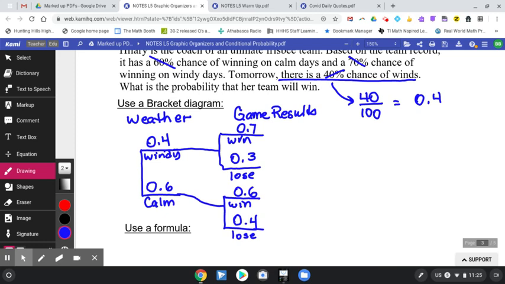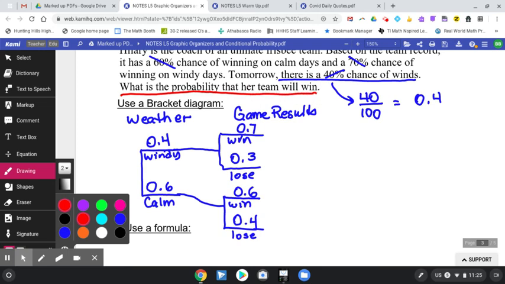All right, so now we have to do our final answer, and it's going to come right from our chart. So let's take a look at the question here. What is the probability that her team will win? So notice we've got winning here and we've got winning here. There's 2 ways that her team can win the game. It could be windy and they win, or it could be calm and they win.